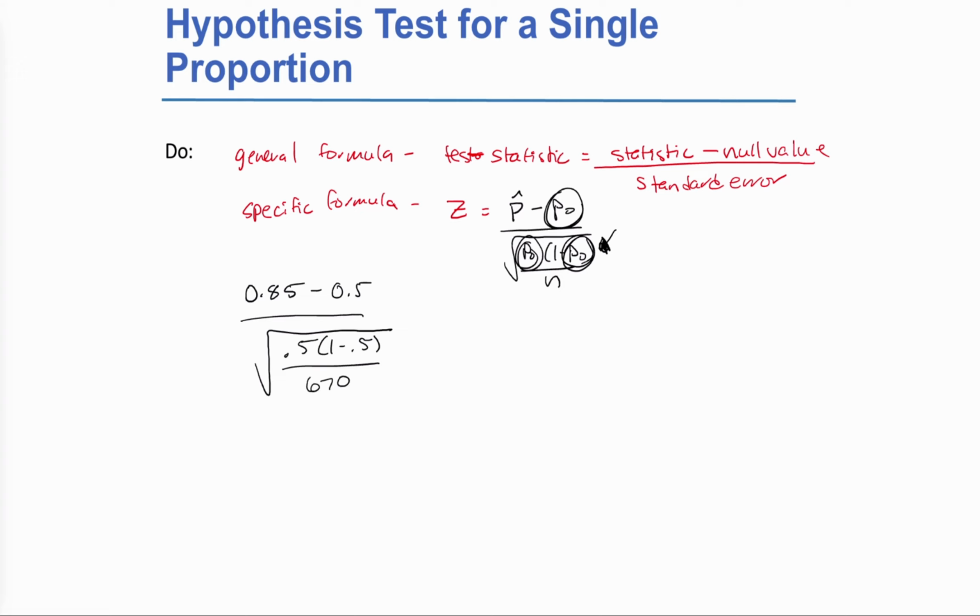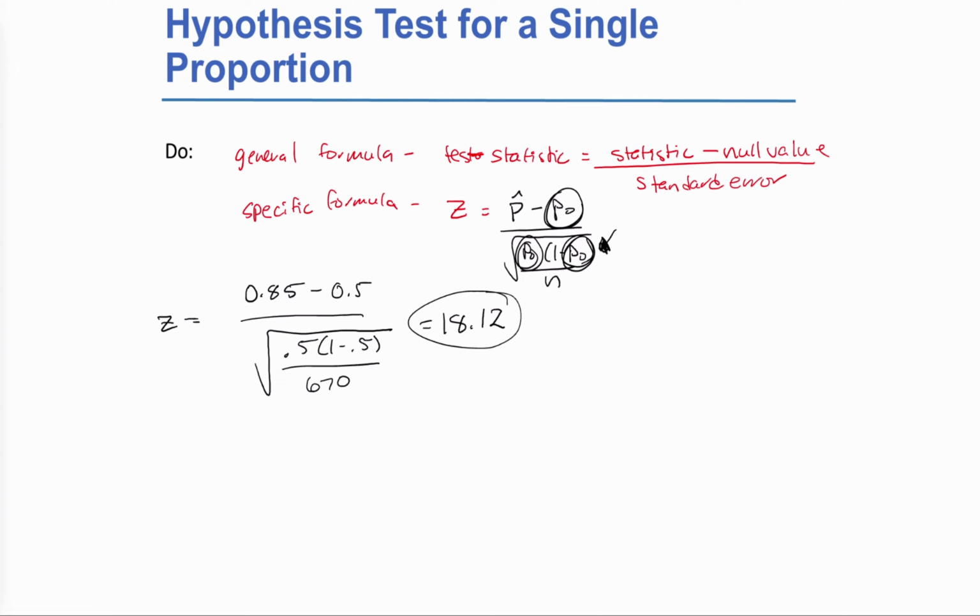And that's going to be our z-score, which ends up being 18.12. So that would be your test statistic, which is one of the things you need to include.